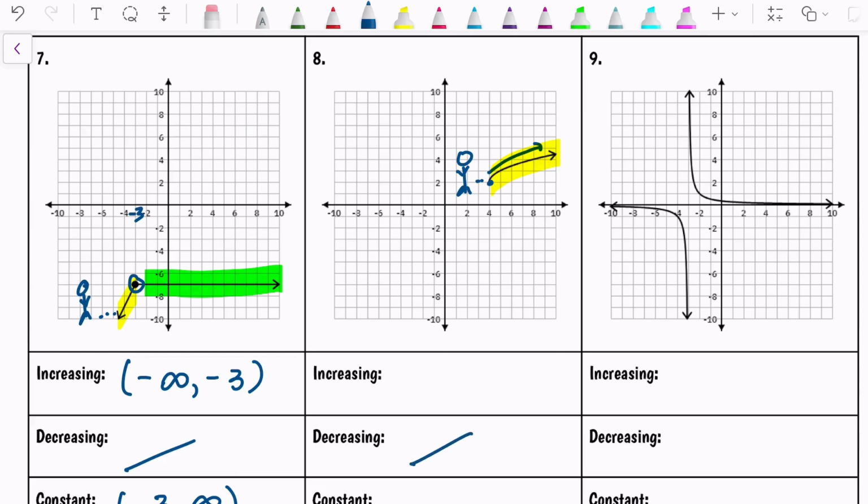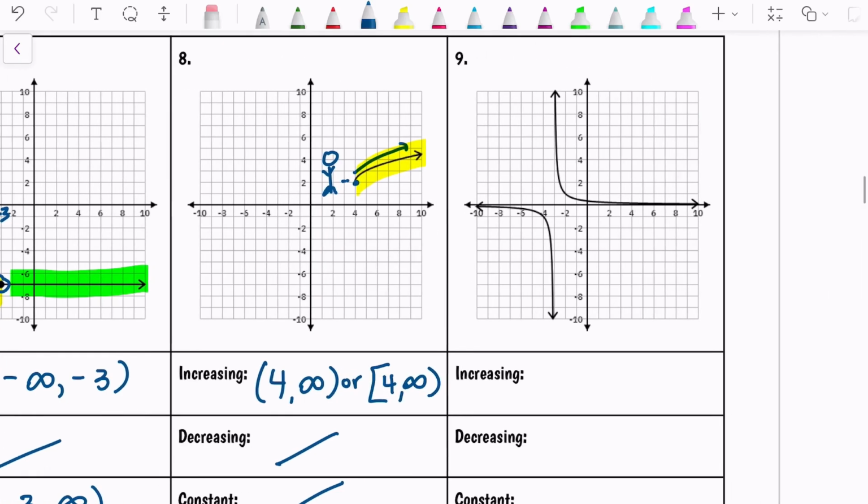There's no decreasing, there's no constant. So they might say you need to use a bracket here for the 4. I'm okay with that. You will see it written both ways. If you were to Google this topic or use one of the apps, you'll see it both ways. So on this one, I'm going to put 4 to infinity, or if you want to, you can include a bracket, but often we use just a parenthesis.